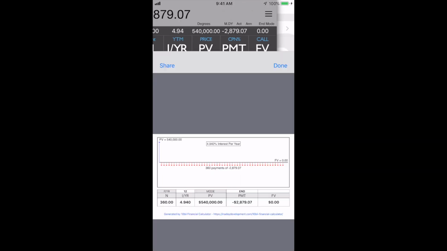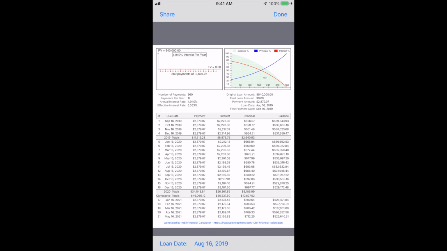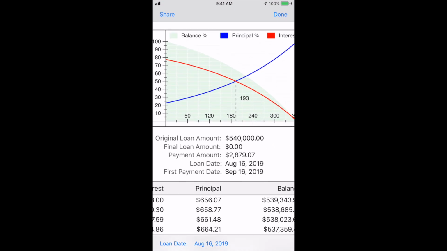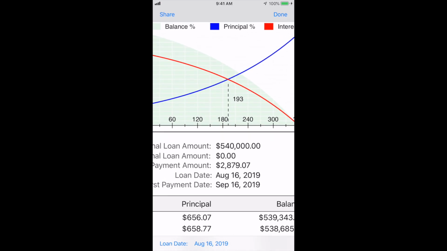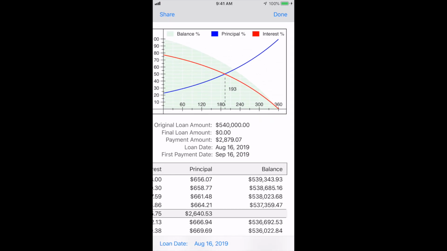Let's go ahead and go to amortization. Wrong one. Let's go to amortization and check out this schedule. Now, I'm going to talk a little bit more about this curve right here, this crossover, in a minute, but essentially this number right here, 193, and the crossover between the red and the blue line is when your interest payment, the portion of your monthly payment going towards interest, begins to actually be less than the portion of the payment going towards principal.